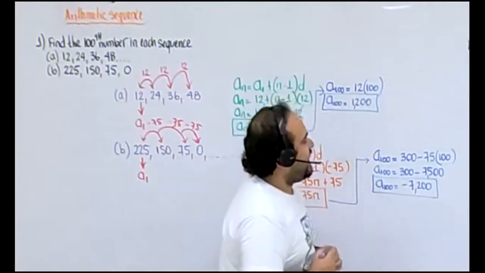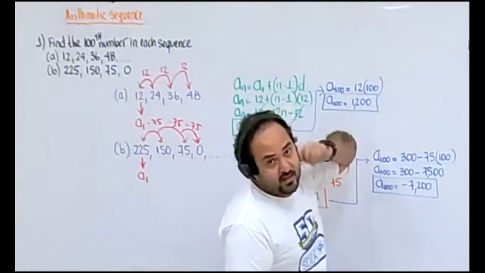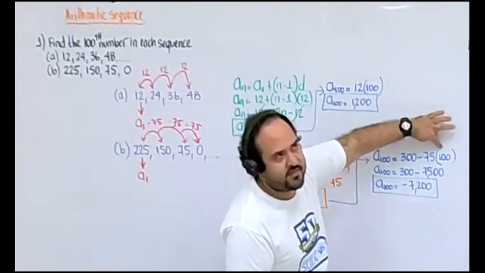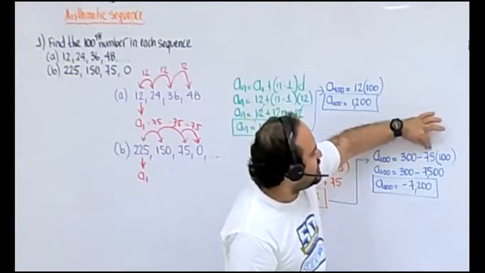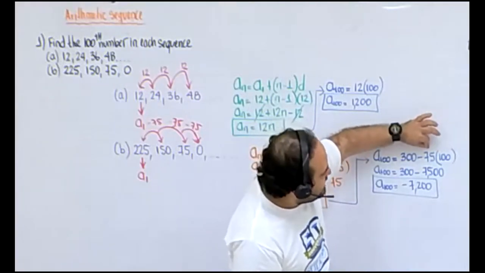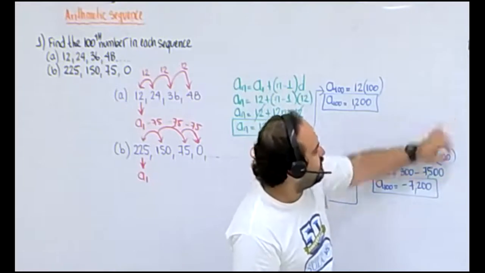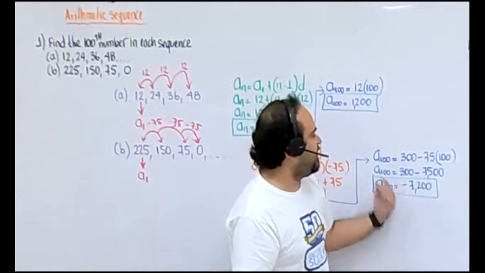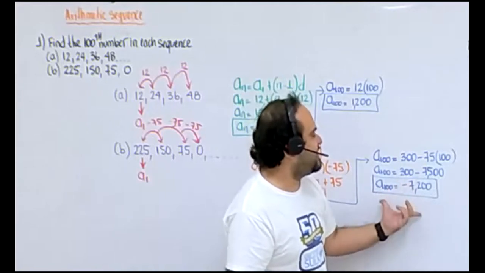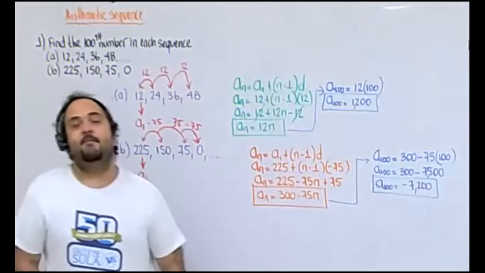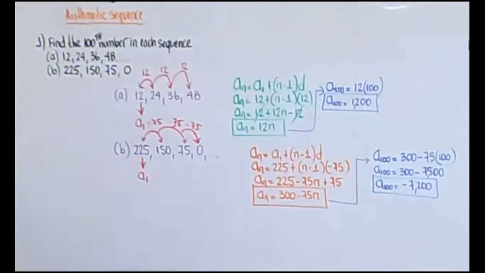Remember, the first thing we have to do is multiply the parentheses, never subtract first and then multiply, because we have a number next to a parenthesis. So negative 75 times 100 will be negative 7,500. And negative 7,500 plus 300 will be negative 7,200. Okay, that's all that we have to do in that situation.